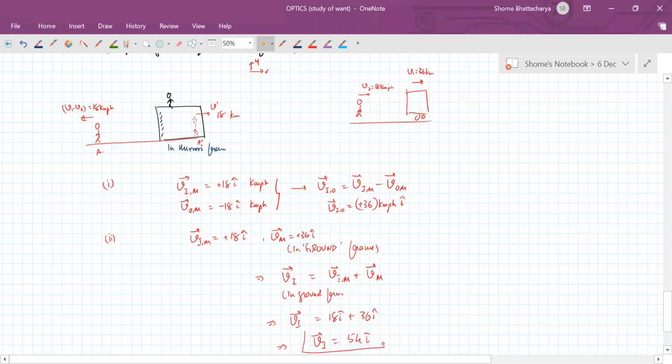So this will be the velocity of A's image, as seen by B, because B is at rest in the ground frame.